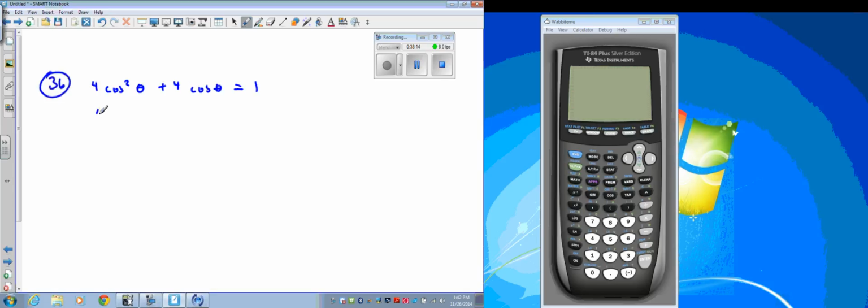If you try to do this, that won't factor, because you'd have to do it by trial and error, and two numbers whose difference has got to be 4, and you can't get it, because it's got to be plus or minus. It will not work.